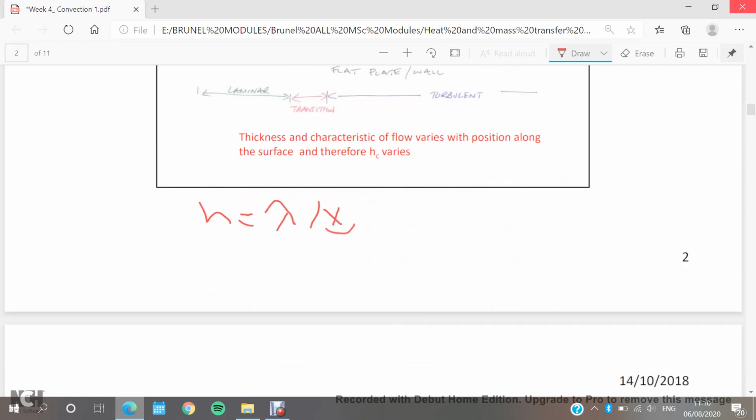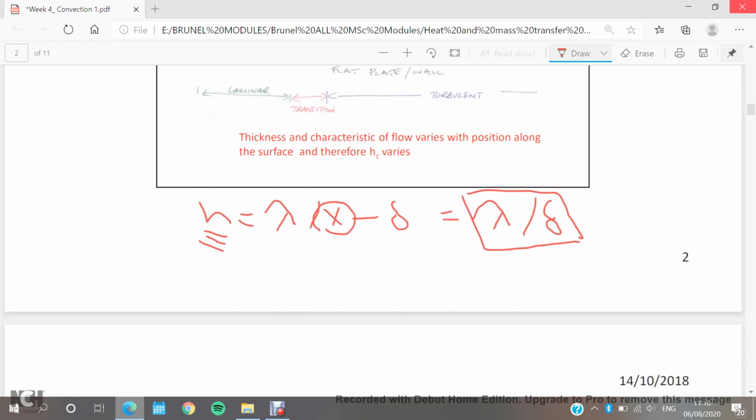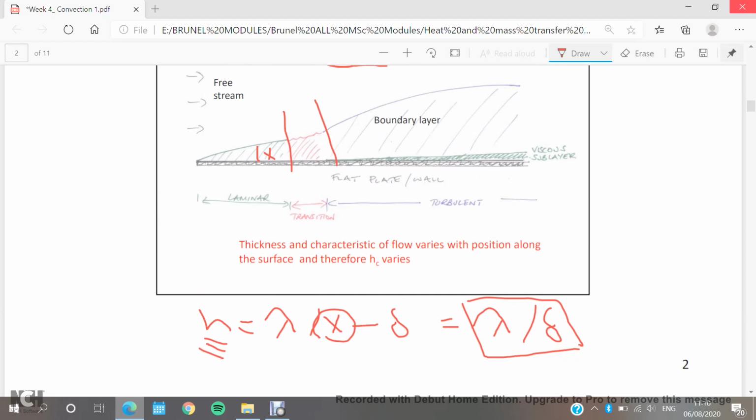And here we put x equal to delta, the boundary layer thickness, so h is equal to lambda, the thermal conductivity, divided by delta, the thickness of the boundary layer. As this thickness increases, the heat transfer coefficient decreases and the heat transfer rate will be less. It means in turbulent flow, the heat transfer coefficient will be much less than in the laminar one.